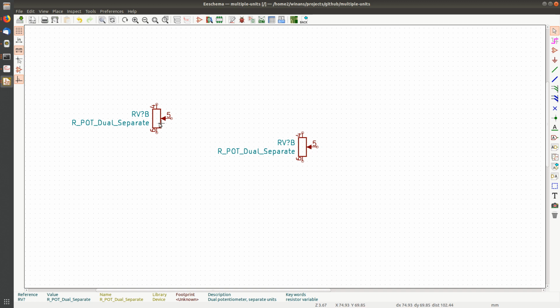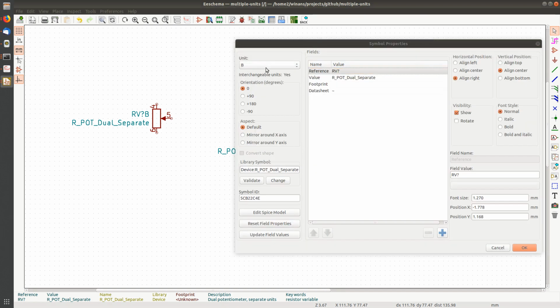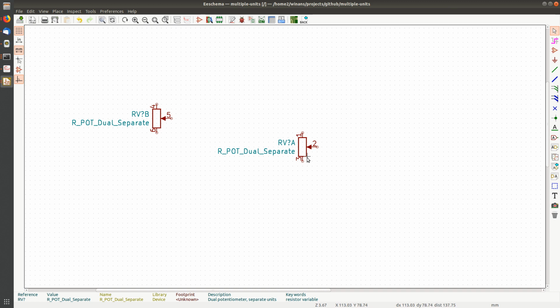If I did this and maintained this, it would have to be 2 separate pots with the A unit not connected and not used here, and the A unit here also not connected and not used. So if you do this, you've got to make sure it makes sense. If you're going to swap that one, you're going to have to come over here and swap this one if you want both of these really to be the 2 separate units on the same physical device.